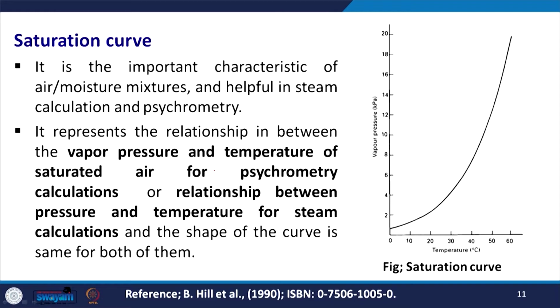It represents the relationship between the vapor pressure and the temperature of saturated air for psychrometric calculation, or between pressure and temperature for steam calculations. The shape of the curve is the same for both. Each point on the curve indicates the maximum amount of water vapor that can be retained in the air at that point, that is, the saturation vapor pressure at the corresponding temperature.